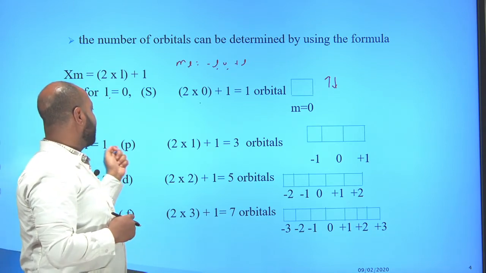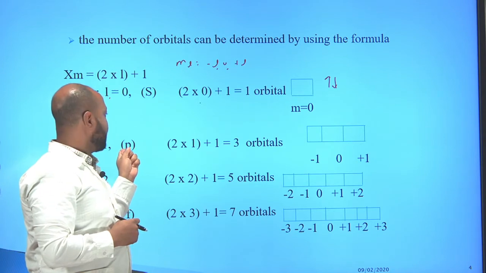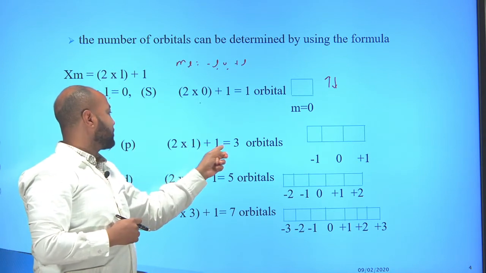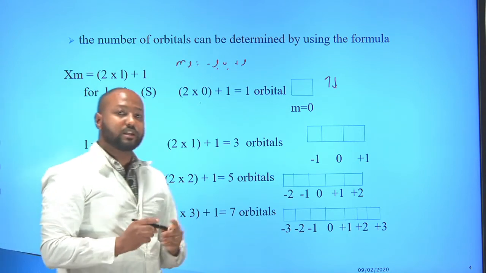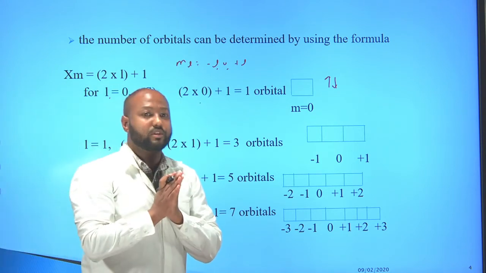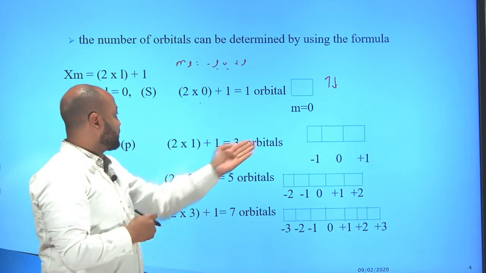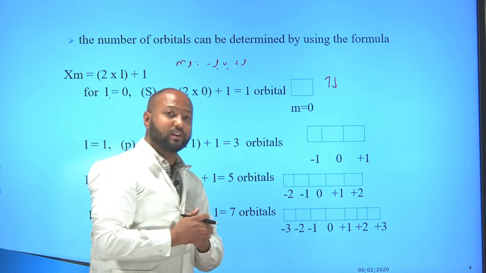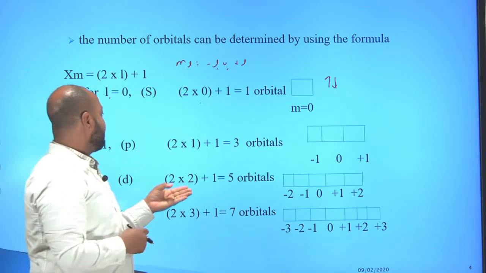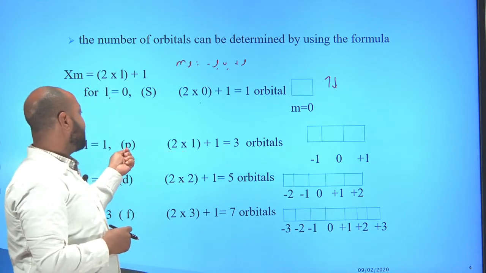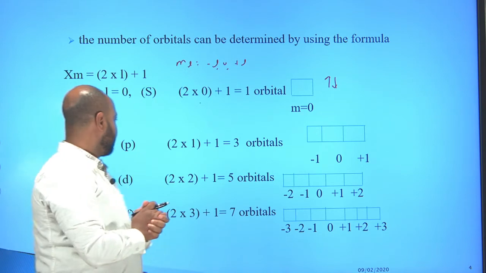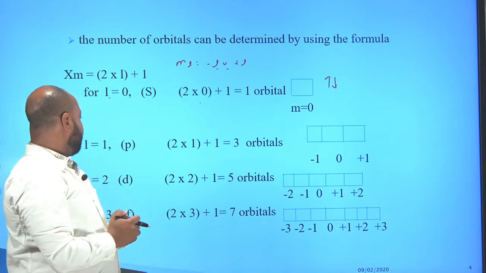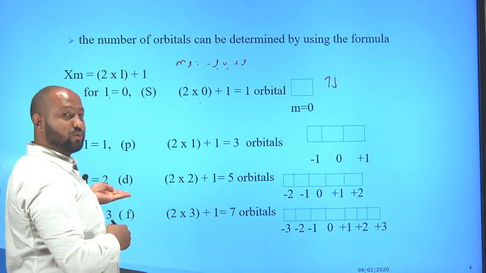L equals 1 means the P subshell. 2 times 1 plus 1 equals 3. The P subshell can have a maximum of 3 orbitals. Each of them can have a maximum of 2 electrons, so a maximum of 6 electrons. The same for D. The L value is 2.